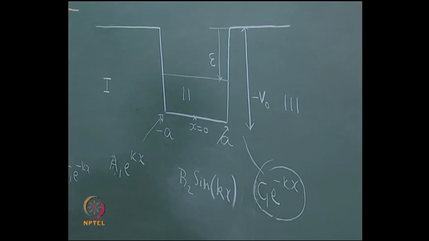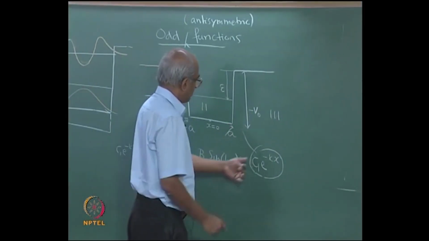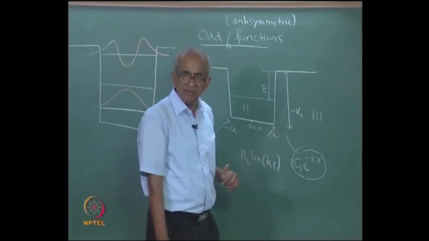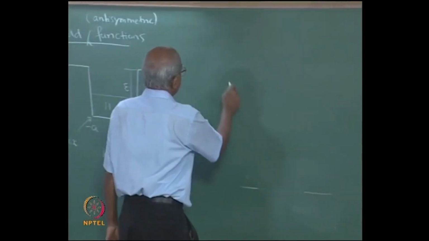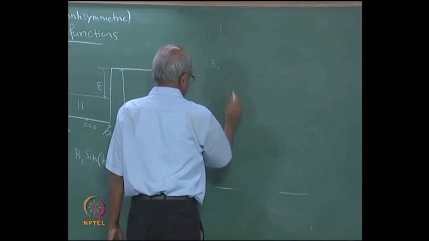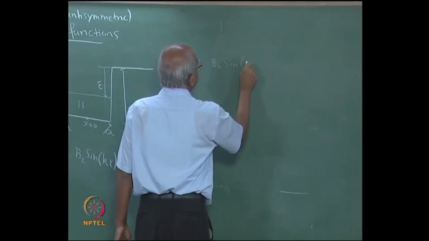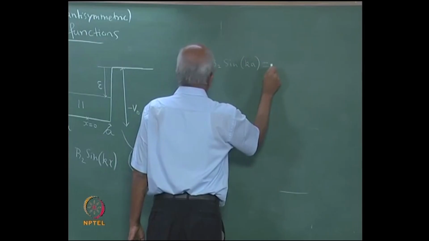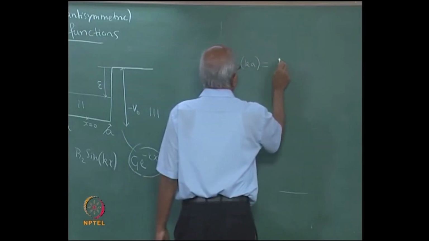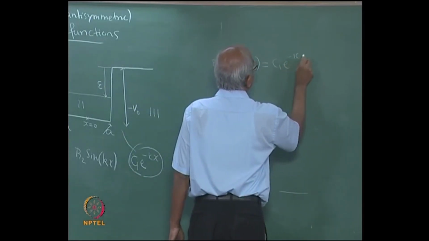Then you will have to impose the boundary conditions. What are the boundary conditions at x is equal to a? What you will get is B2 sin Ka must be equal to C1 e to the power of minus kappa a.